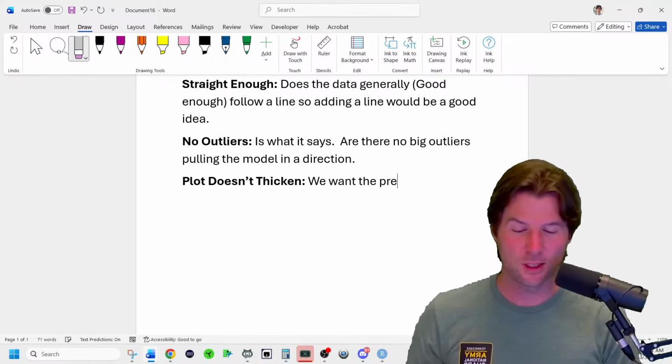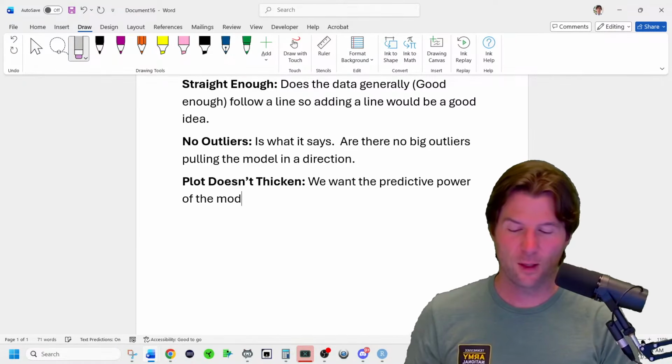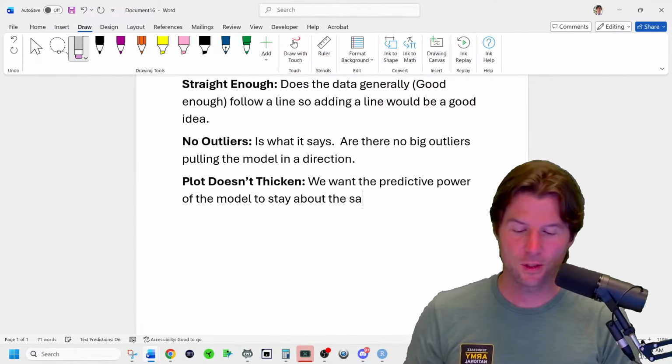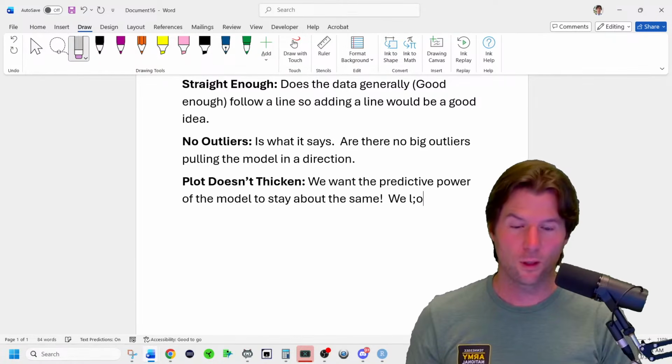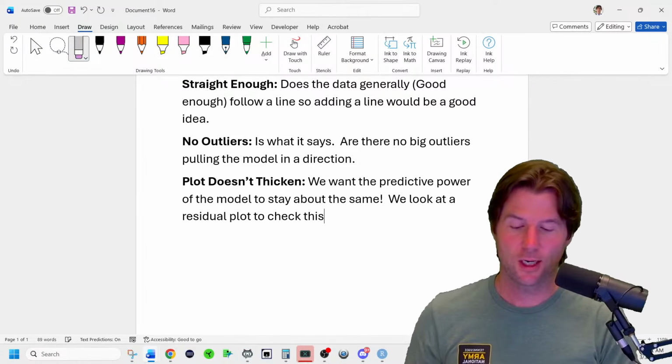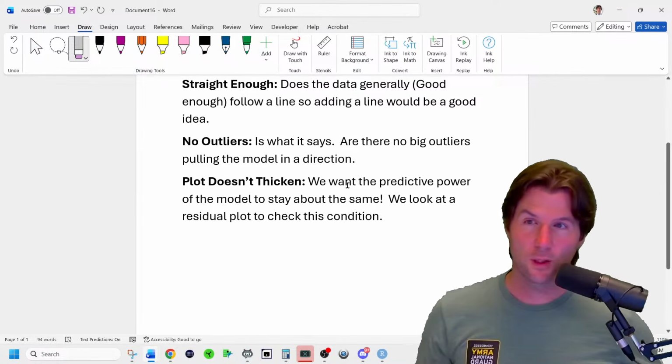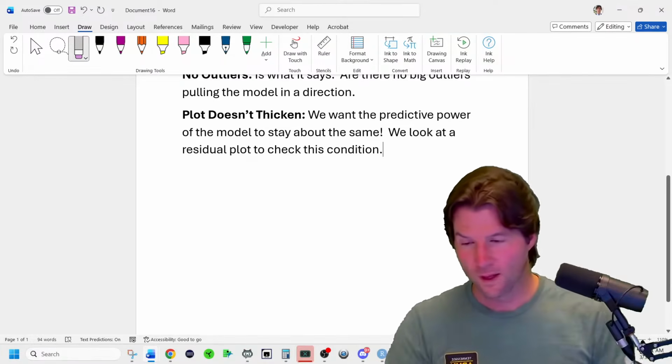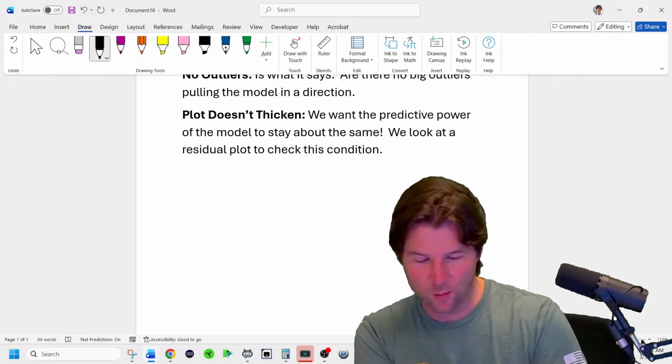We want the predictive power of the model to stay about the same. We look at a residual plot to check this condition. So the plot doesn't thicken.